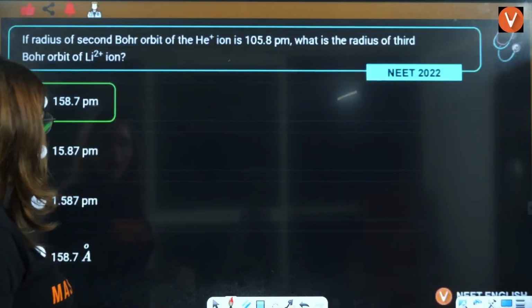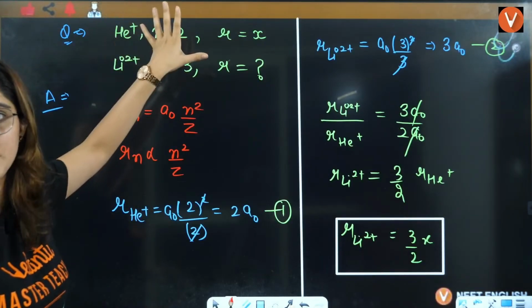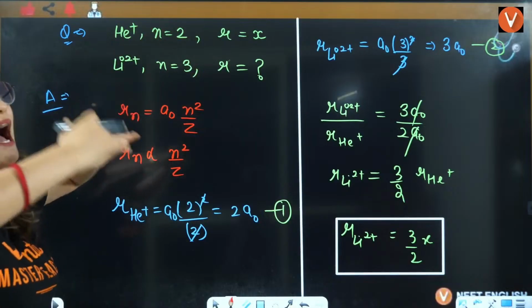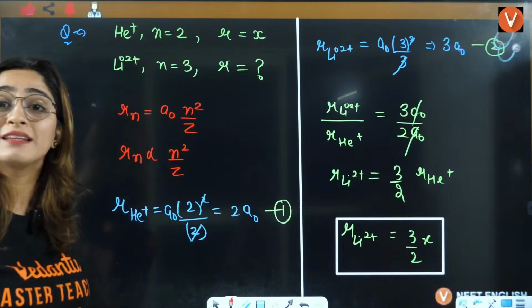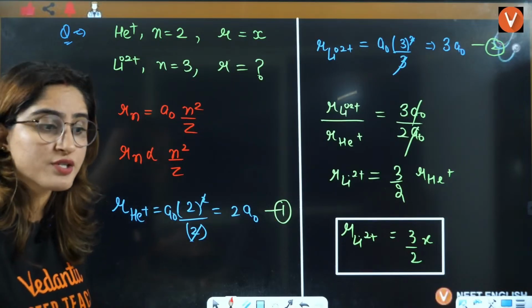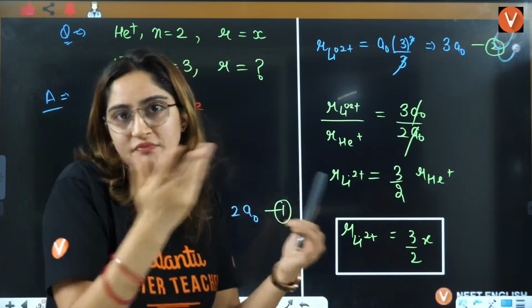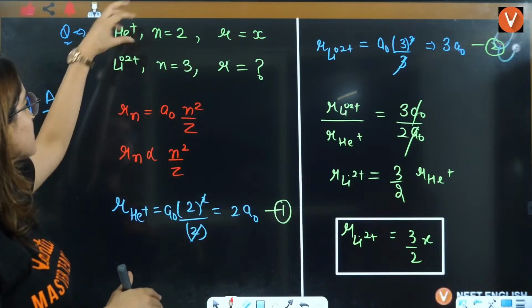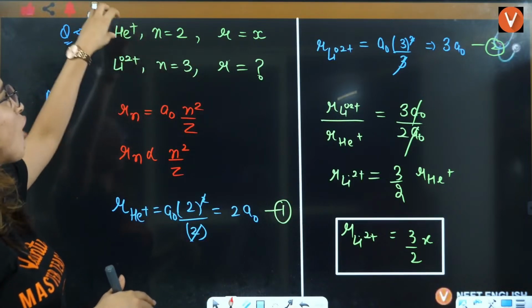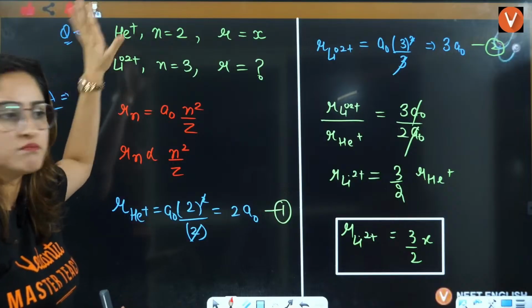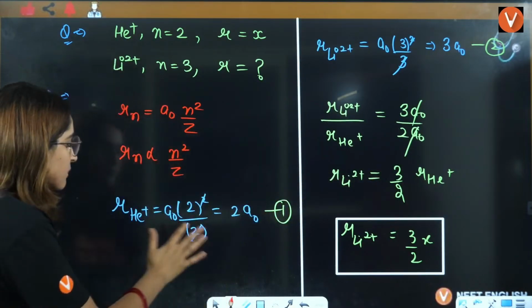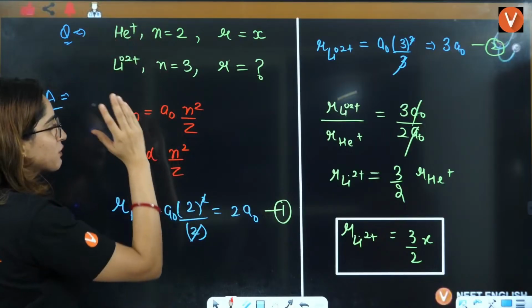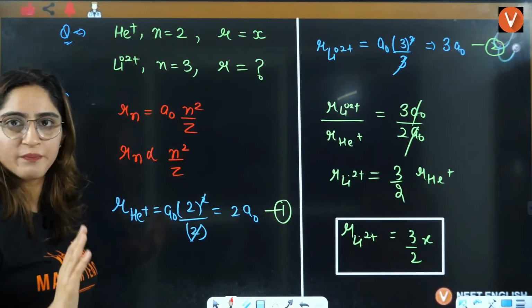But what if you have this kind of question, where you have to solve one radius in terms of something else? Or they can even ask you in the question, what is the ratio of, let's say they have given you helium is this, lithium is this, what is the ratio of helium and lithium? Same method you will apply. Firstly, radius of this particular species, radius of other species, right?